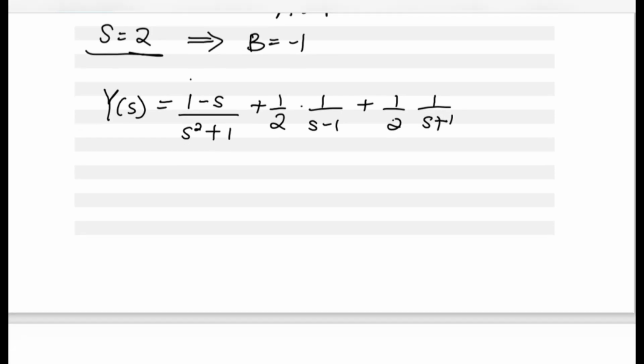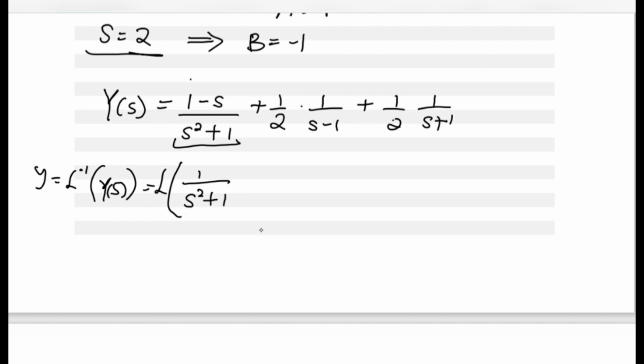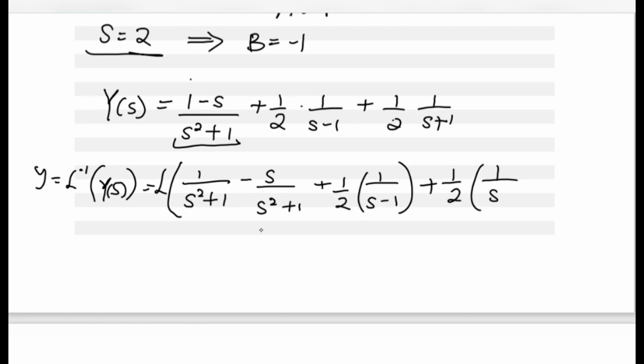So to find out y, we know that y is the Laplace inverse of y of s, and that would be the Laplace inverse of, we can separate this, 1 over s squared plus 1, minus s over s squared plus 1, plus 1 over 2 1 over s minus 1 plus 1 over 2 1 over s plus 1.